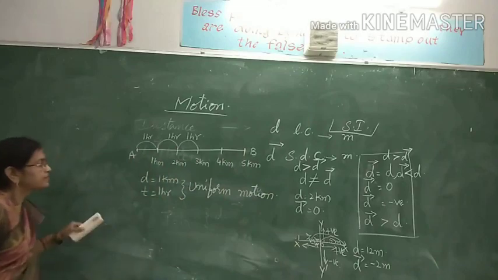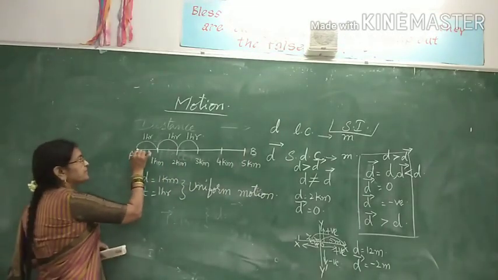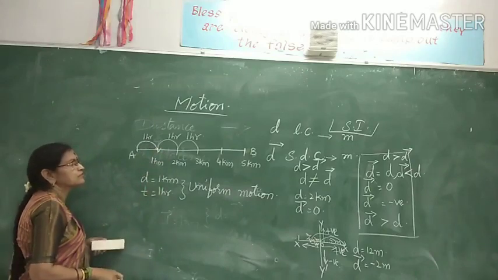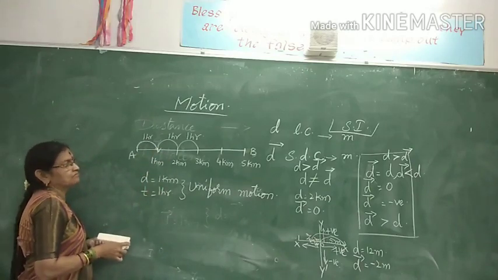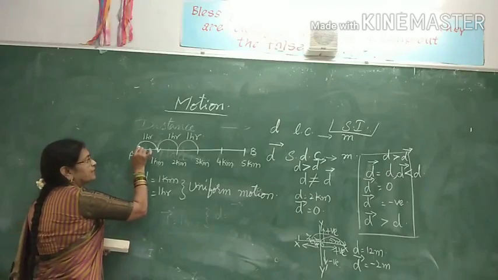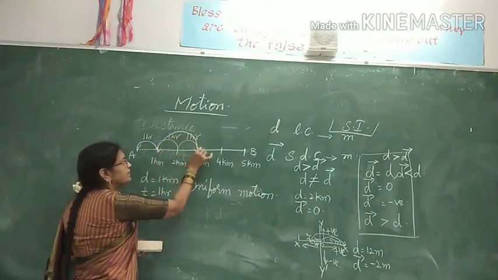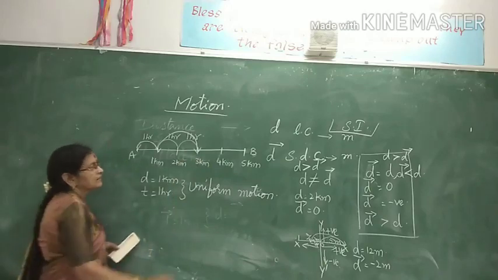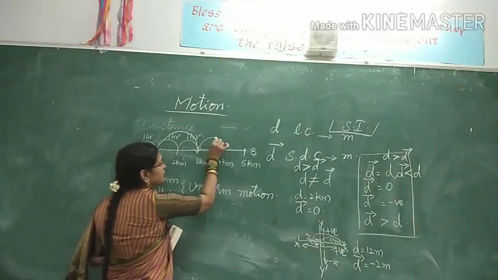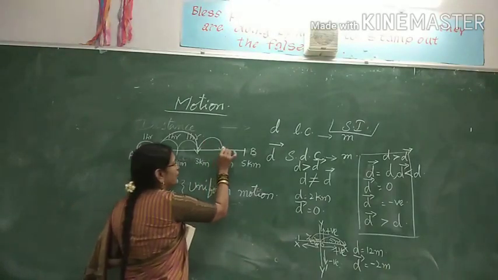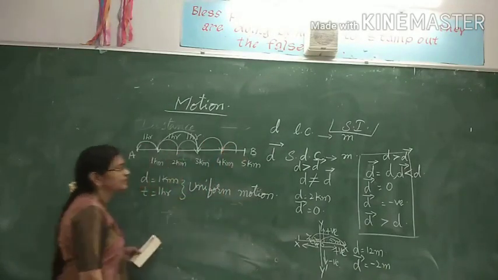Suppose in the first hour it is covering 1 kilometer because it is moving on an NH path, National Highway. Then in the second hour maybe it is covering 2 kilometers, third hour again 1 kilometer, fourth hour it is going only 0.5 kilometer.